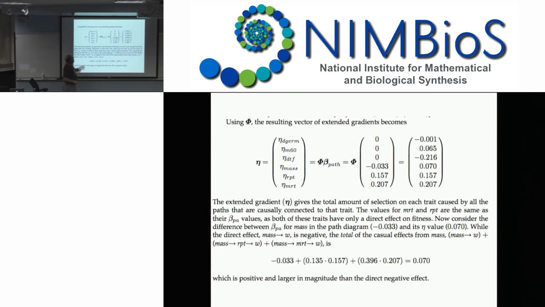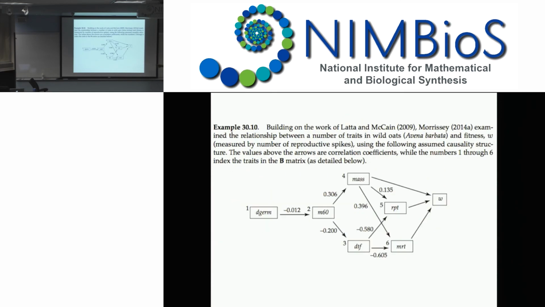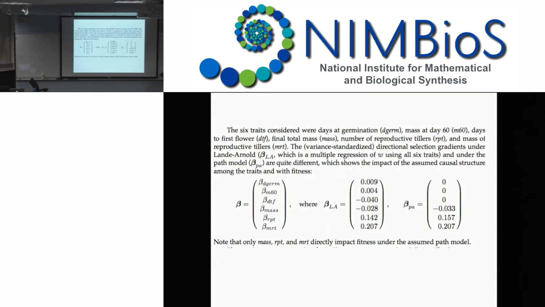You then compute the extended path coefficients. Basically, here they are. It's theta times the direct path coefficients. These two don't change. Why? Because there's nothing downstream. These go there directly. Whereas mass, how come mass is different? Because these only affect fitness. Mass affects fitness and it affects these traits. So there's a direct effect, then there's an indirect effect through here.